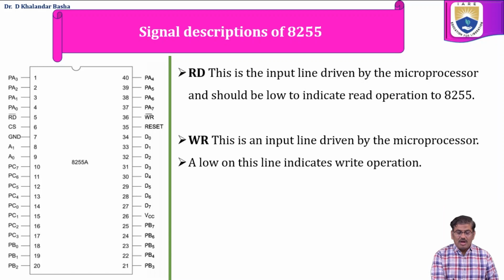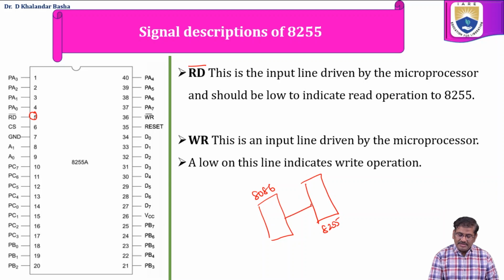Next is RD bar, that is pin number 5, which is an input line driven by the microprocessor and should be low to indicate the read operation to 8255. So here the 8086 processor is interfaced to 8255. The read signal of the 8086 processor is connected to the read signal of 8255.